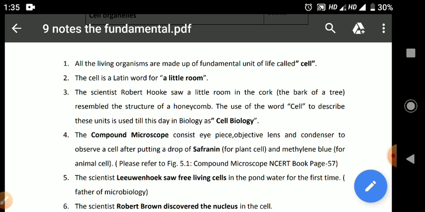The compound microscope is given in your book, page number 57, figure number 5.1. In this figure, you see the eyepiece, objective lens, microscope slide, clips, and a mirror. The mirror is directed towards the light, and we put the slide where the microscope slide is written.